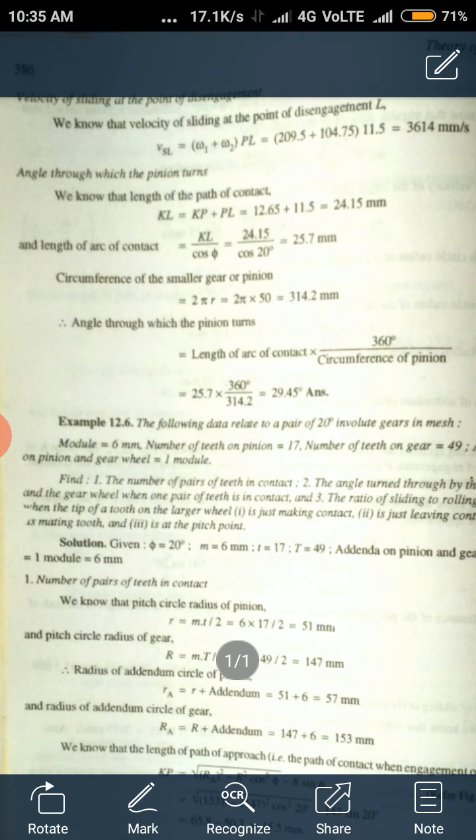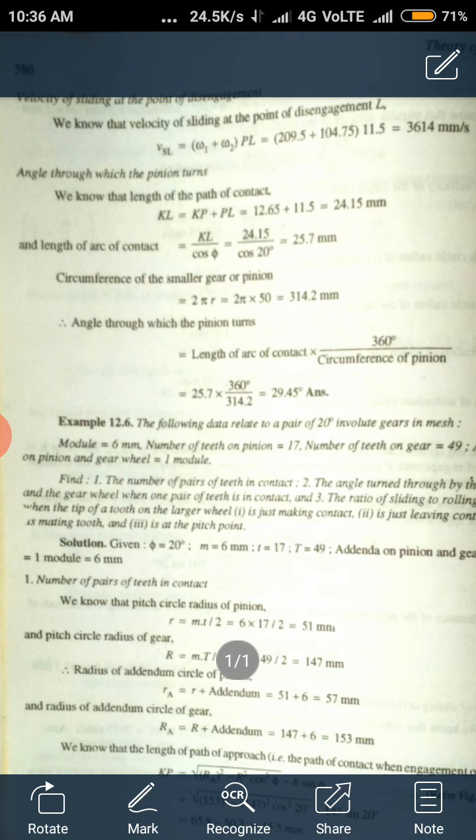The length of path of contact is length of path of approach plus length of path of recess, so 12.65 plus 11.5, you got 24.15. Then length of arc of contact equals length of path of contact divided by cos phi, so 24.15 divided by cos 20 degrees, that's equal to 25.7 mm.